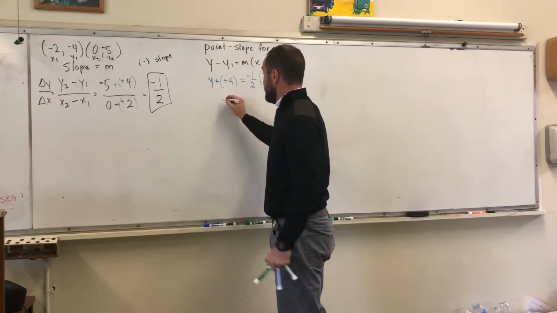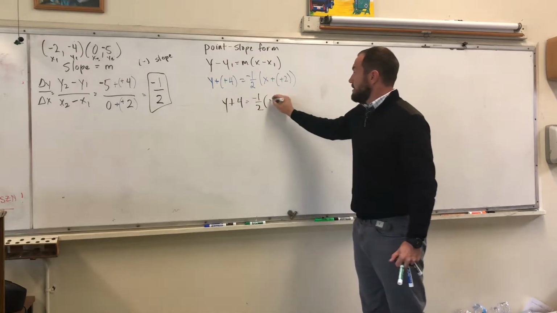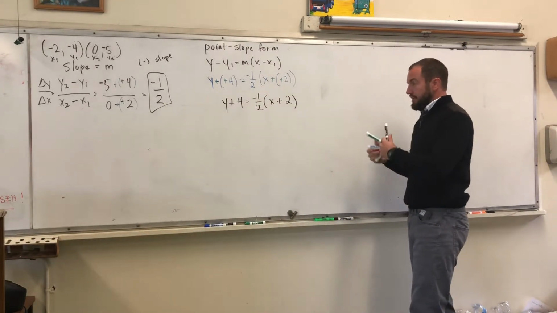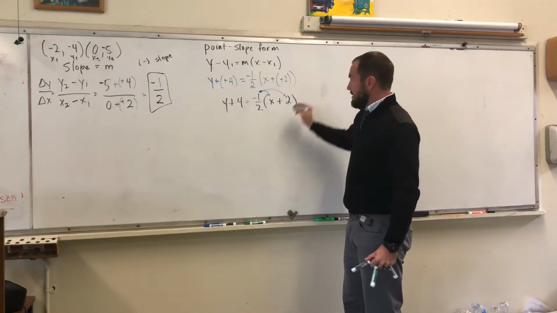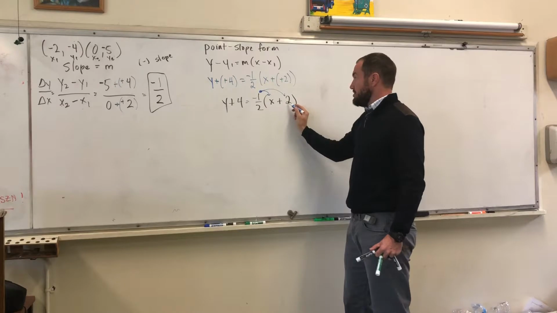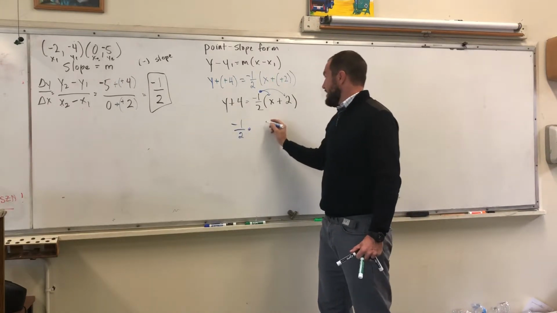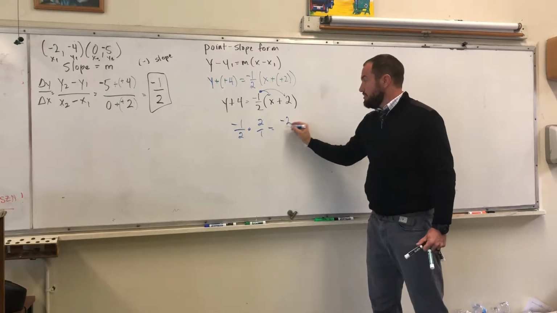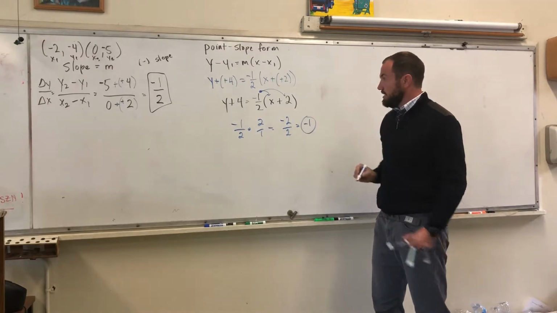And you end up with y plus 4 is equal to negative 1/2 times x plus 2. Now again, you're distributing, so you have to focus on the fact that you're multiplying a fraction by a whole number. So you're doing negative 1/2 times 2 over 1, which gives you negative 2 over 2, or we can reduce this to a negative 1.